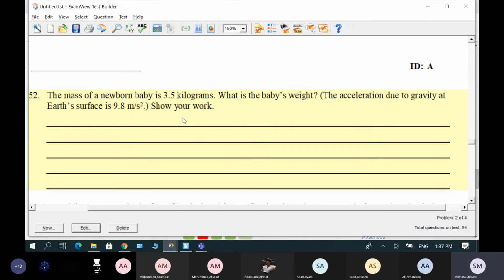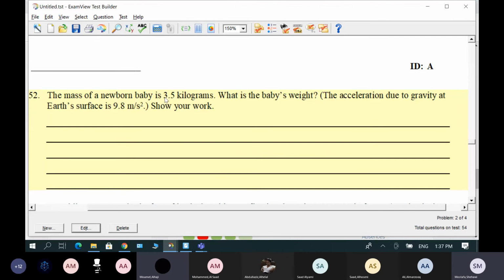Yes, can you read this question and answer it? The mass of a newborn baby is 3.5 kilograms. What is the baby's weight? The acceleration due to gravity at Earth's surface is 9.8 meters per second squared. Show your work.